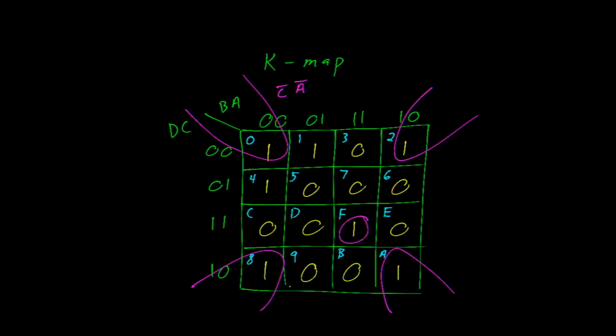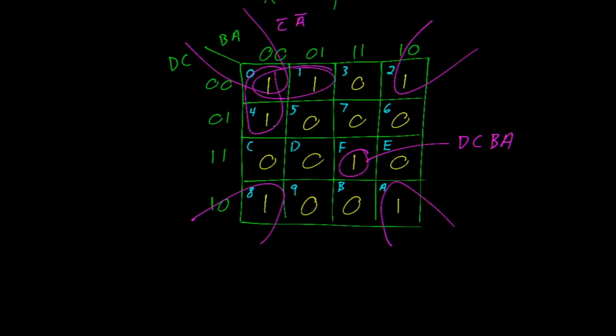Now this is a peculiar one. This is all out by itself. So that's D, C, B, A. And then we'll find out that these here are adjacent. So using the Karnaugh map, we would simplify the circuit as C naught, A naught, plus D naught, B naught, A naught, or D naught, C naught, B naught, or D, C, B, A.